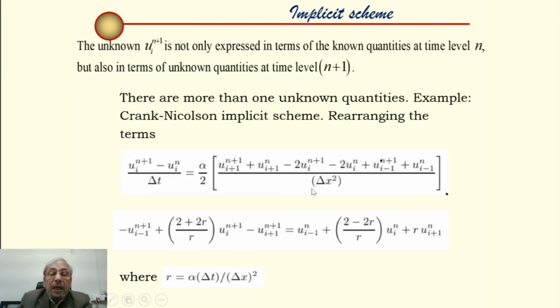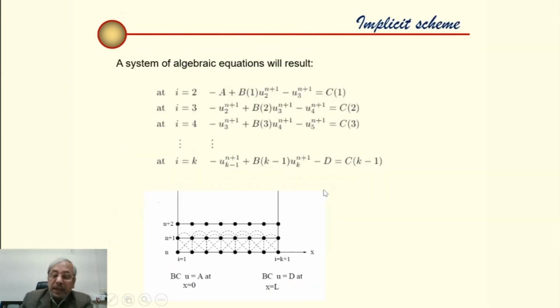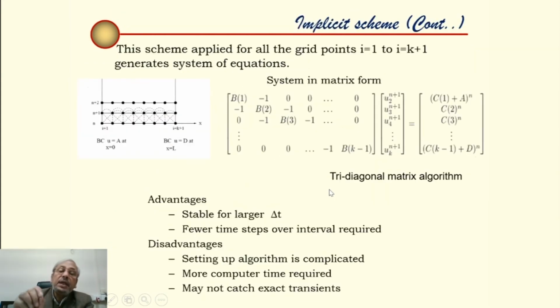But in the Crank-Nicolson scheme, we can see that individually the values at the next level we cannot find out. Instead, any individual point, we express in terms of its neighbors. And this way, we write a system of equations.